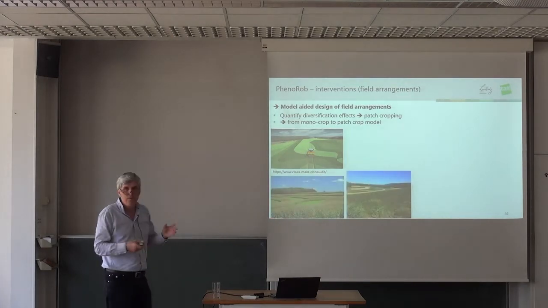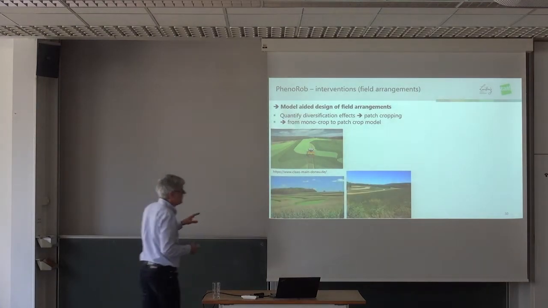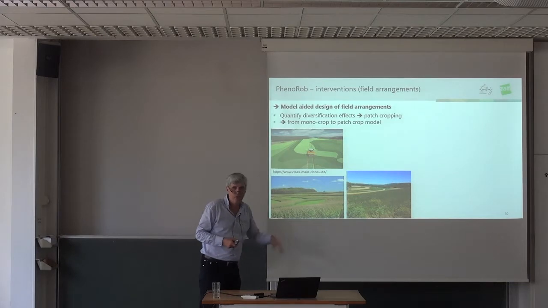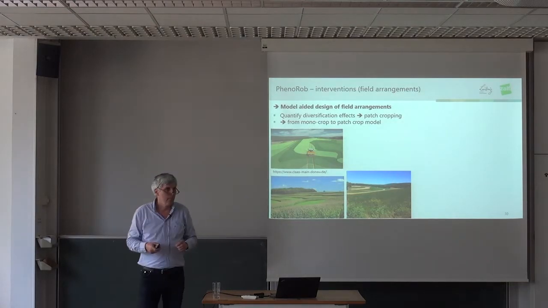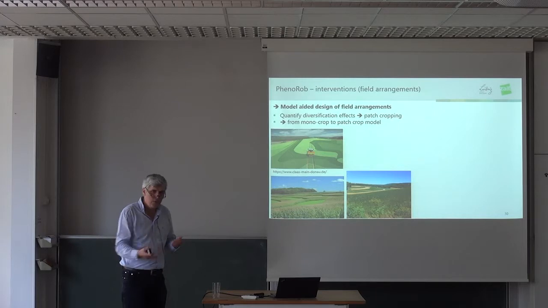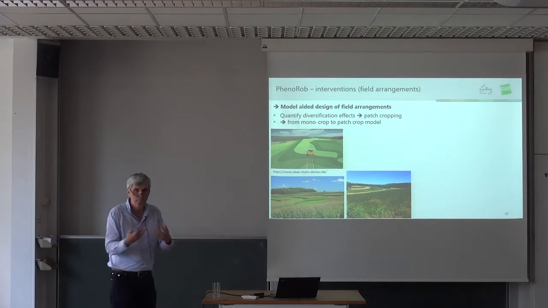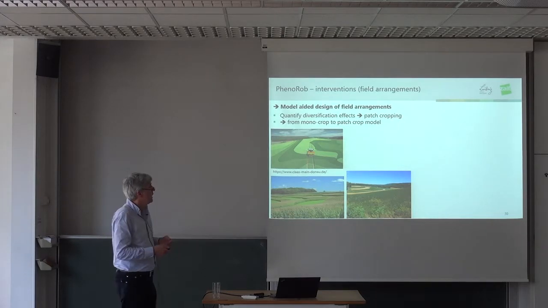And that we have seen very little. These are 2 examples of what we call contour cropping, contour farming. But we know very little of the potential that's in this approach.